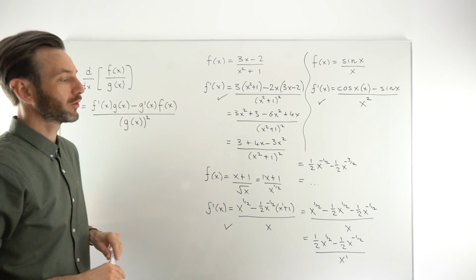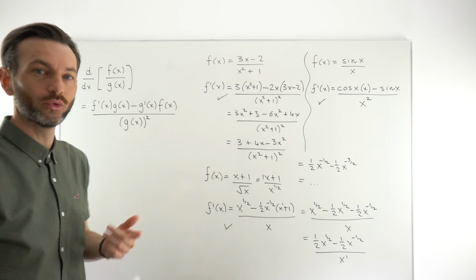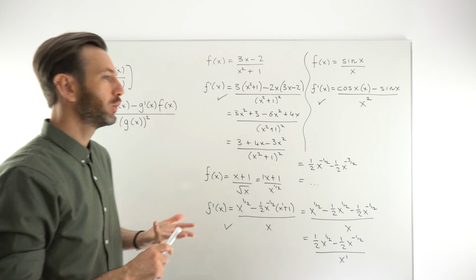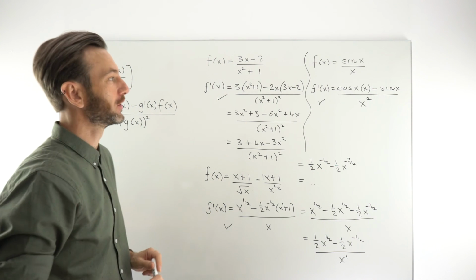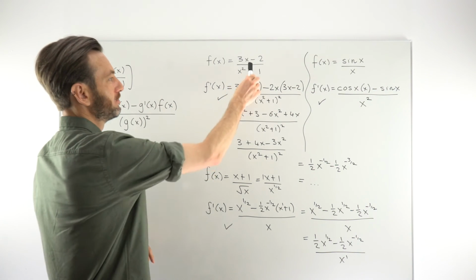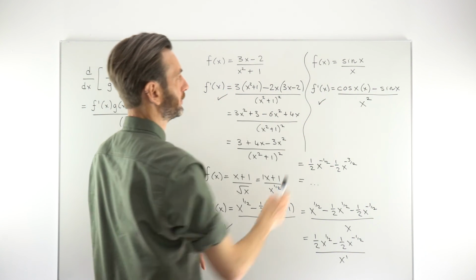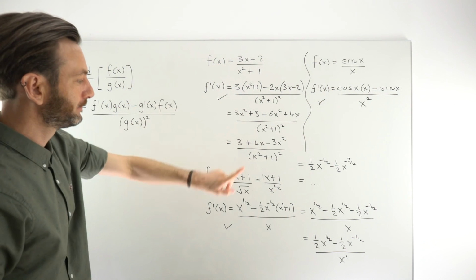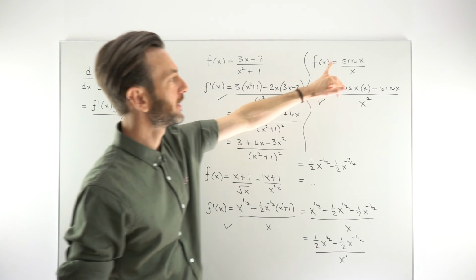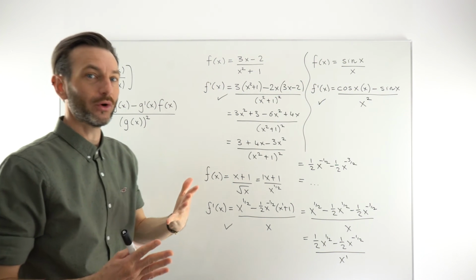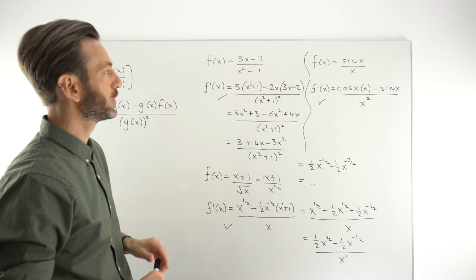But the key really with all of these differentiation rules, product rule, power rule, quotient rule, and then the other rules you're going to learn as well, is trying as many different formats as you can. Because notice that guy, and this guy here are very different looking functions. They're nothing really like each other.